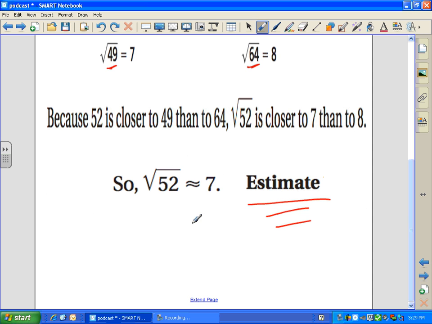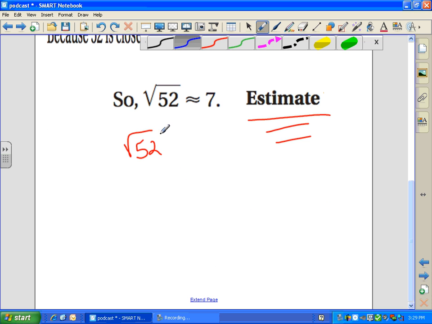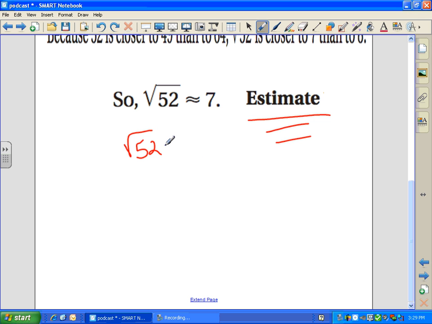So we're going to estimate, it's not an exact answer, it's just an estimate, that the square root of 52 is 7. If you don't want to use a number line, you can take your handy-dandy calculator, plus 10 bears if you didn't grab one already, and type in 52 square root, and that would give you 7.2111025. Plus 10 for your group if you told me this is an irrational number.